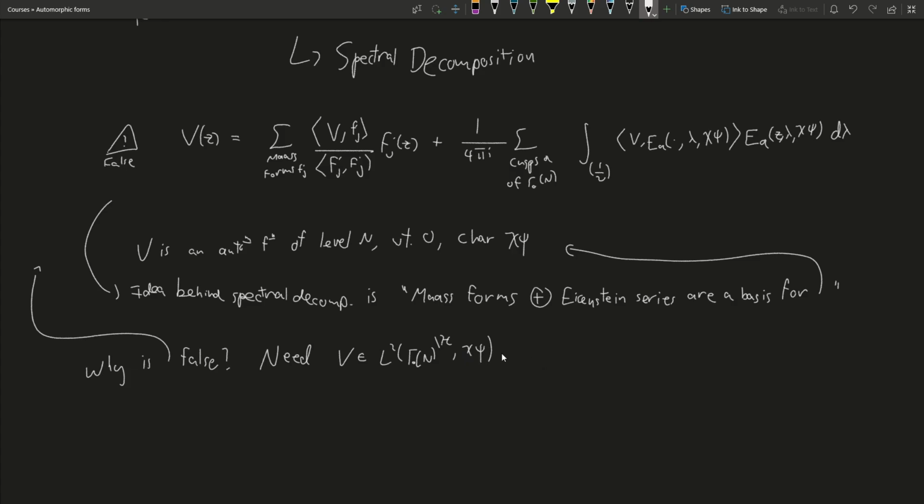And this is not the case. In fact, the issue is that this term is going to diverge. So v inner product with the Eisenstein series equals infinity.